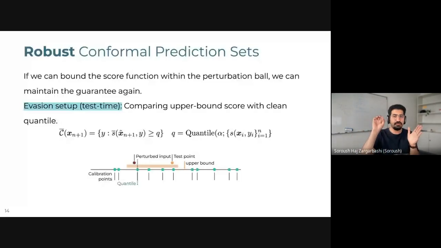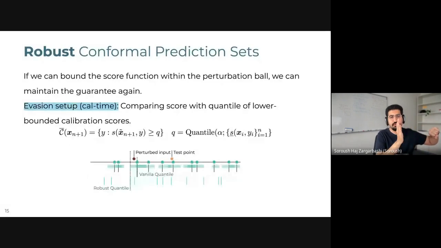So I know that with 1 minus alpha probability, the lower bound score around the test point is covered, so I only need to compute the normal score for the perturbed input, and this score is higher than the lower bound, which was exchangeable with these n calibration points, so again it has the same guarantee.